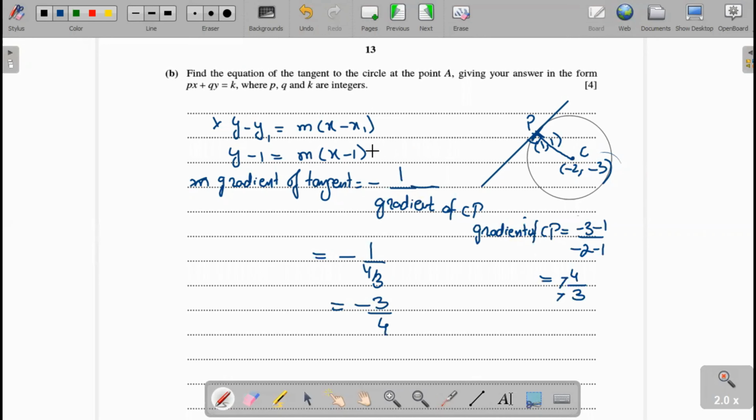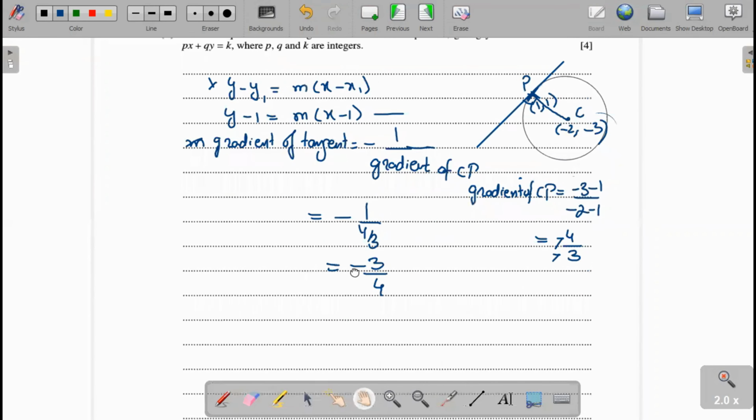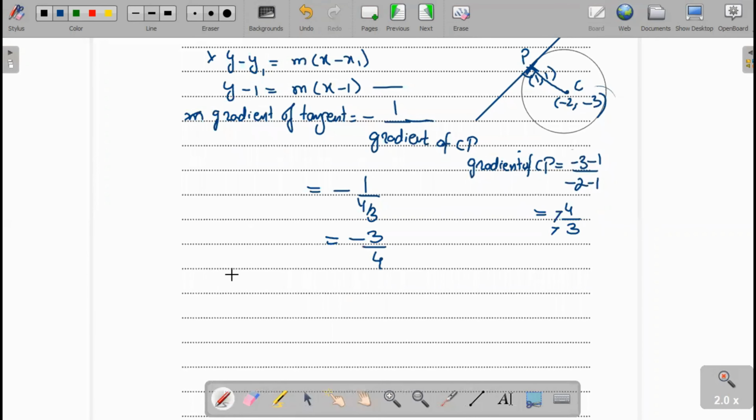Now we put this value in the equation of the tangent: y minus 1 equals minus 3 over 4 into x minus 1.